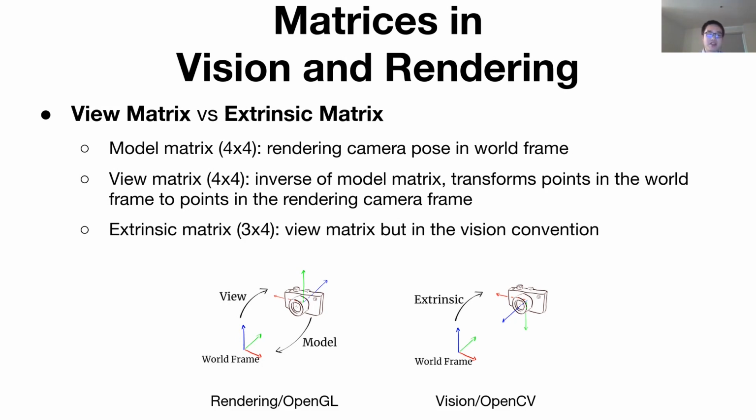And this may be very familiar for vision people, as the extrinsic matrix would also transform points in the world frame into the camera frame. So the extrinsic matrix is essentially the view matrix, but in the vision convention. But do note, the rendering camera and the vision camera use two different frames. So this matrix would be different in that sense.